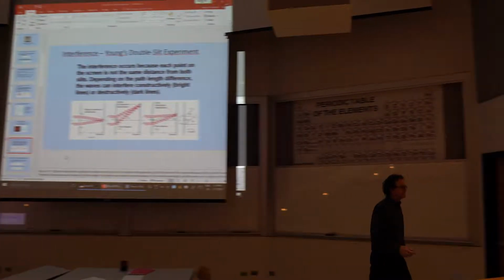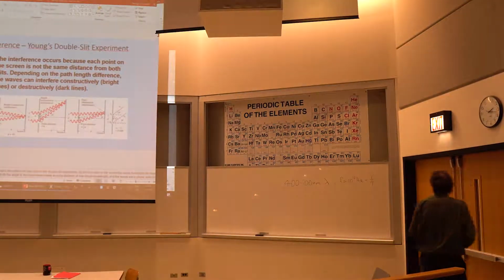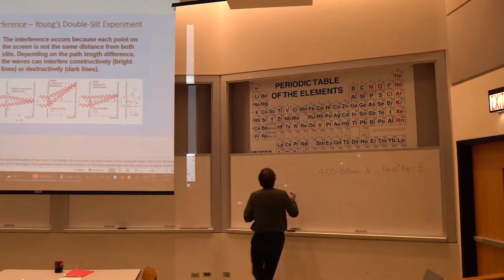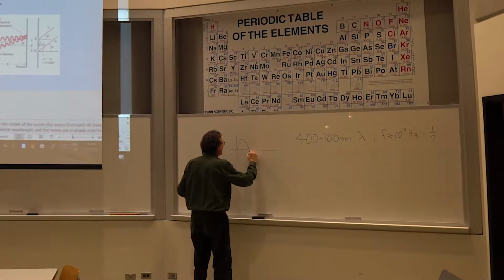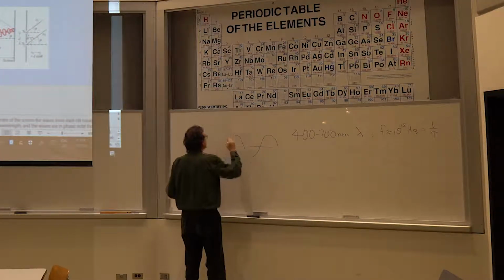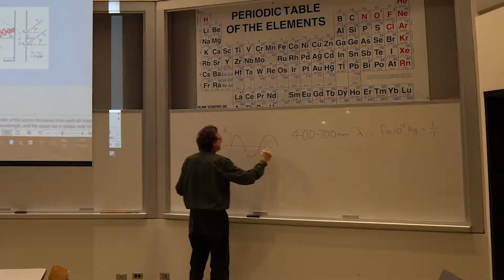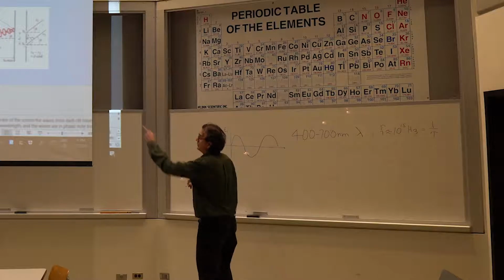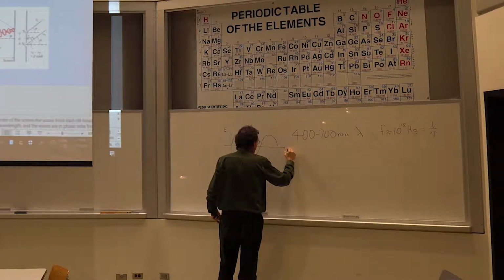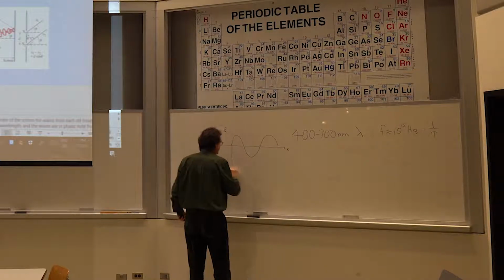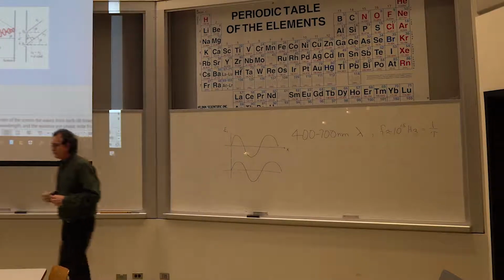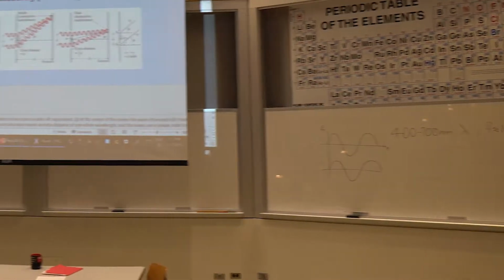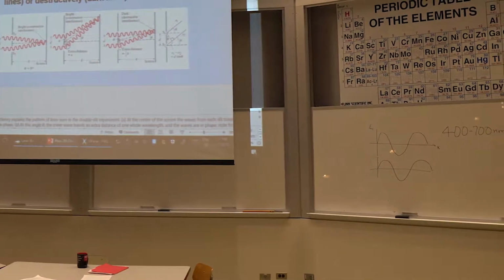So I try to draw a picture of that. The basic idea is that if this is a wave coming from the first slit, which we will call E1, and this is a function of distance, which we'll call x, and I'm adding to that a wave of the same amplitude and of the same phase, then the sum of these two waves will be the same sine wave, but with twice the amplitude.